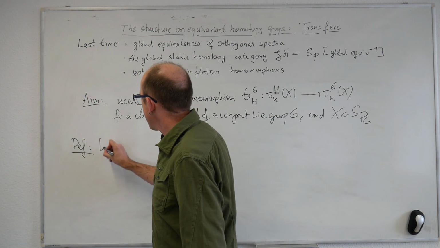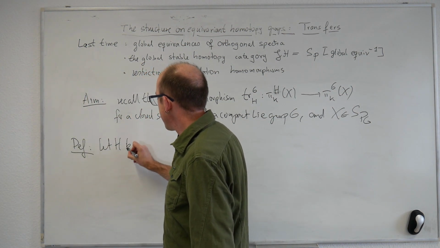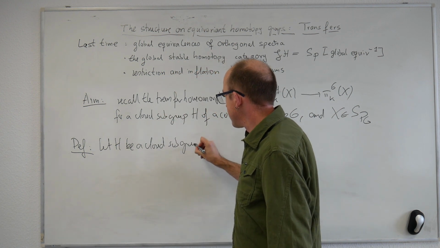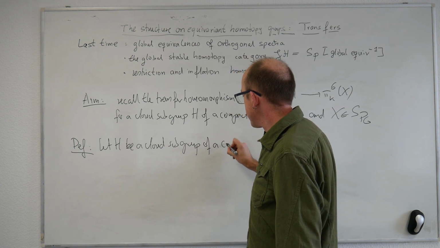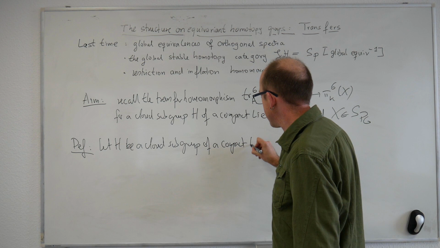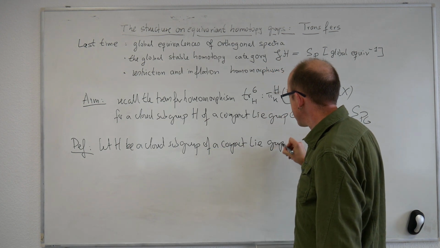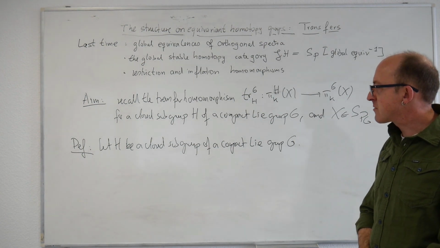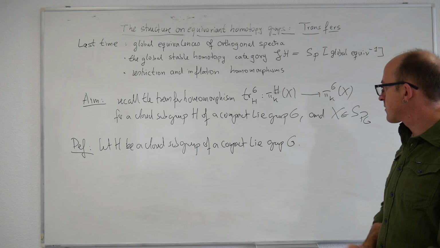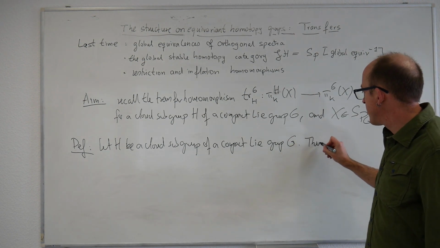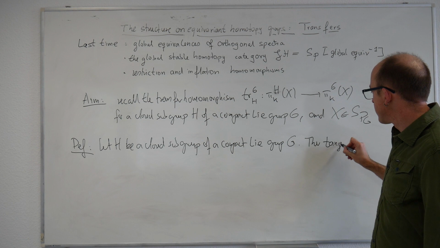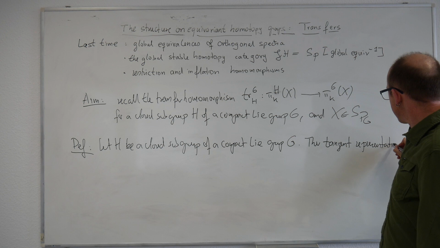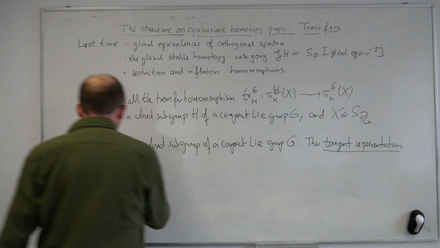So again, we have a closed subgroup H of a compact Lie group G. This will in fact be the context for most of what I do today, so sometimes I will not write this down anymore, that H is a closed subgroup of G. So the tangent representation is the following.